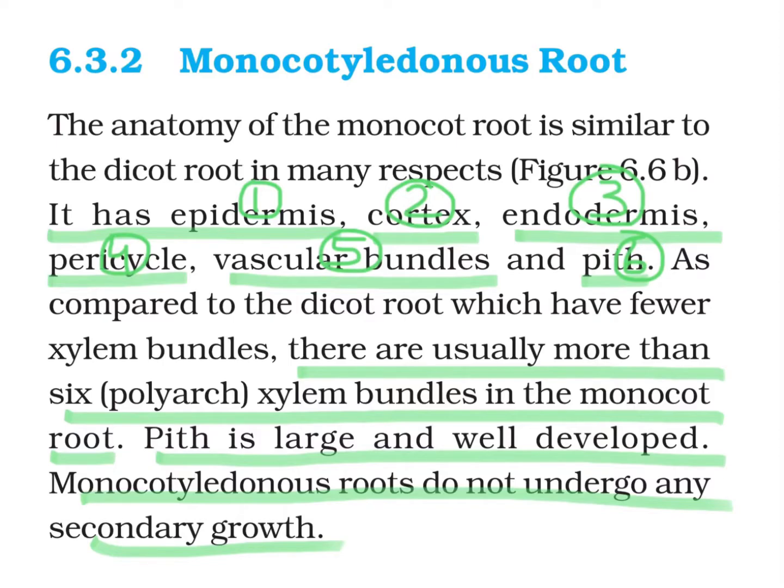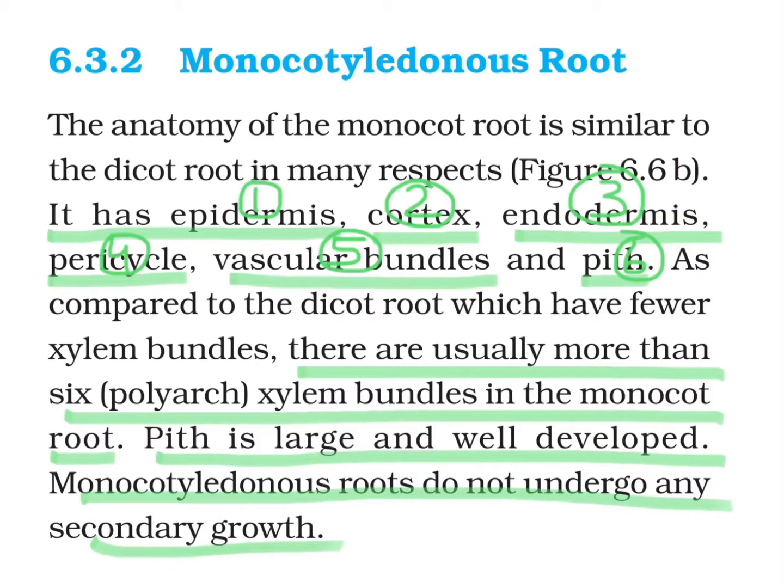Then endodermis, the understanding is similar, made up of a single layer and inner to the cortex, then followed by a single-layered pericycle. But here in the endodermis, the Casparian strips, which were found in dicot root, are not present. This is one of the differences. Then vascular bundles and then pith.